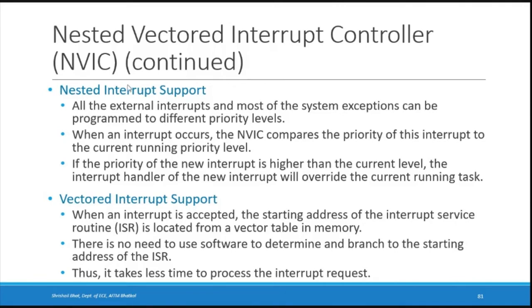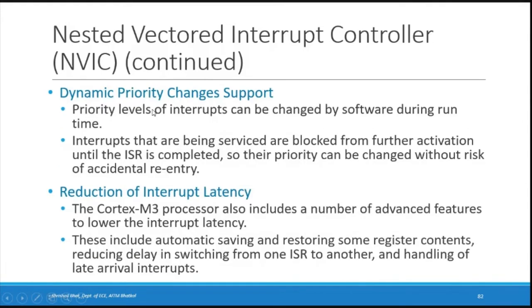Then another feature is dynamic priority changes support. We say interrupts have priority levels, but they can be changed during the execution of the program. That's called dynamic priority changes support. Priority levels of interrupts can be changed by software during runtime. Interrupts that are being serviced are blocked from further activation until the ISR is completed, so their priority can be changed without risk of accidental re-entry.